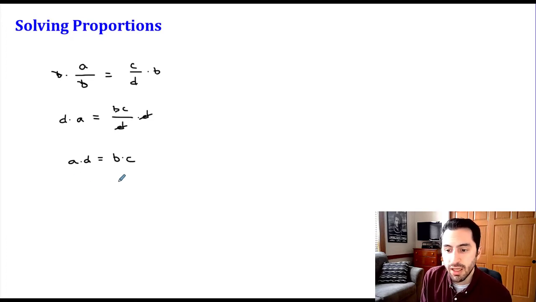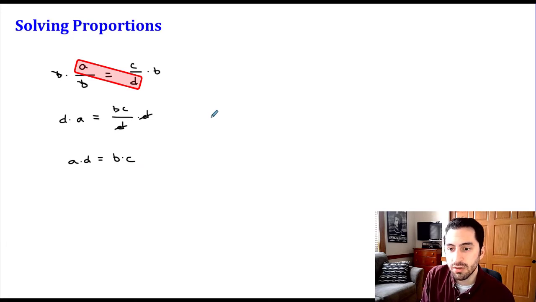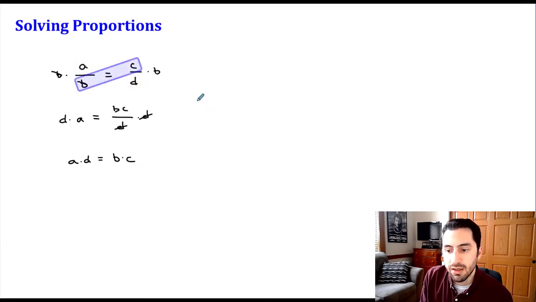So taking a look at these two products, these two pieces of multiplication, the first one we have a times d, and that is one of our diagonals. And then our second one is b times c, which is our second diagonal. So that leads to our cross product.